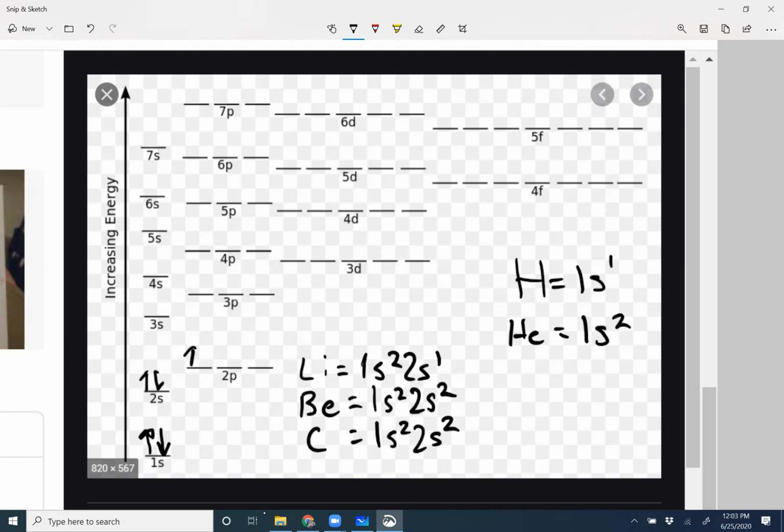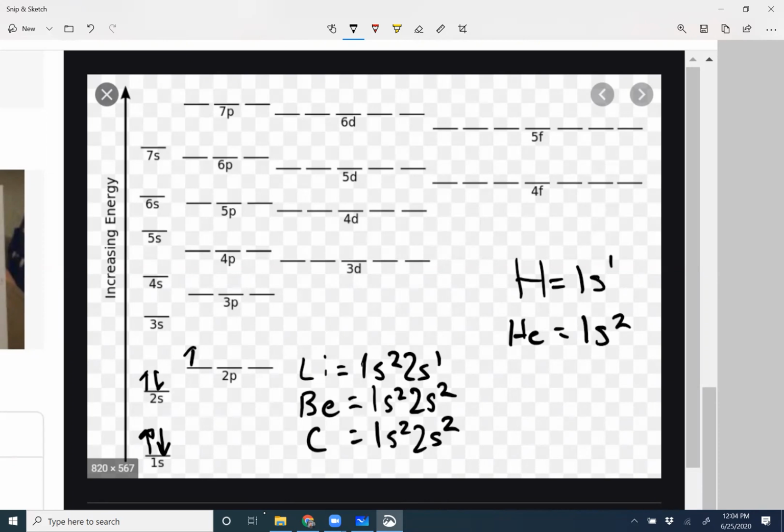The rules that we're following here to fill in our orbital diagram are called Hund's rule, the Aufbau principle, and what's the other one? The Pauli exclusion principle. The Aufbau principle states that the electrons have to go all the way to the bottom first. They want to occupy the lowest energy level first.